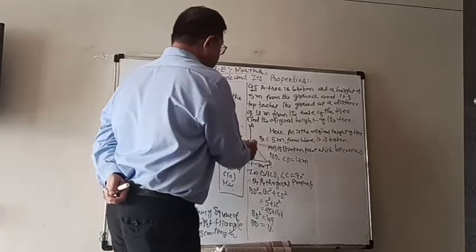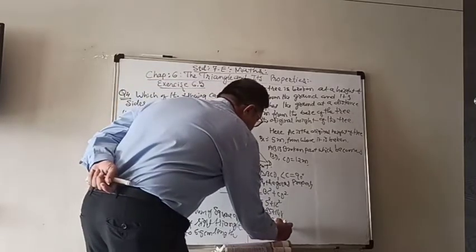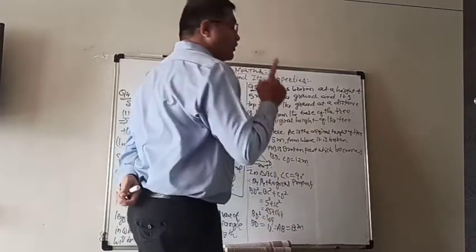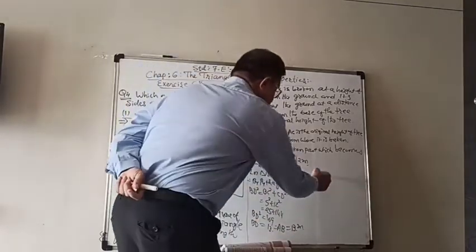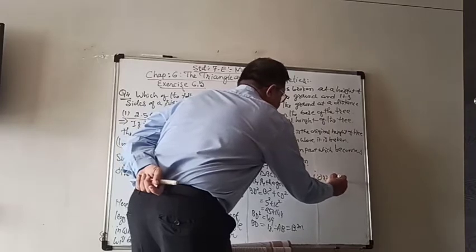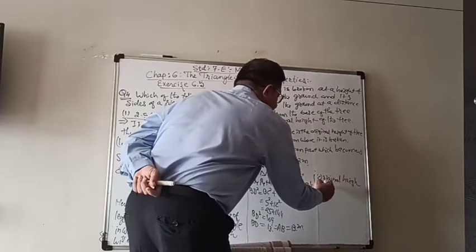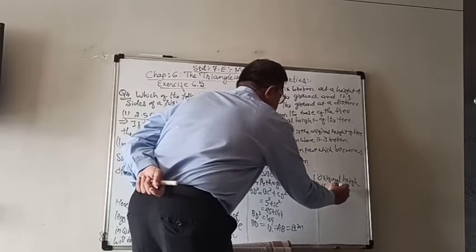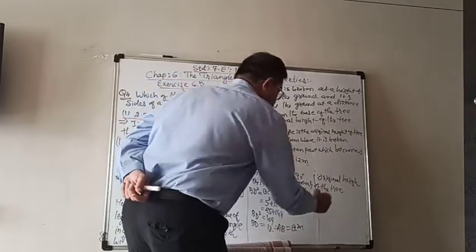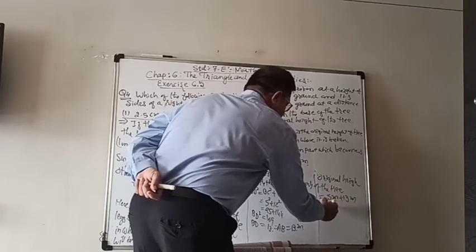But that is only the broken part. Therefore, AB is also 13 meters. Now we have to find the original height. Therefore, the original height of the tree is equal to 5 plus 13, 5 meters plus 13 meters.